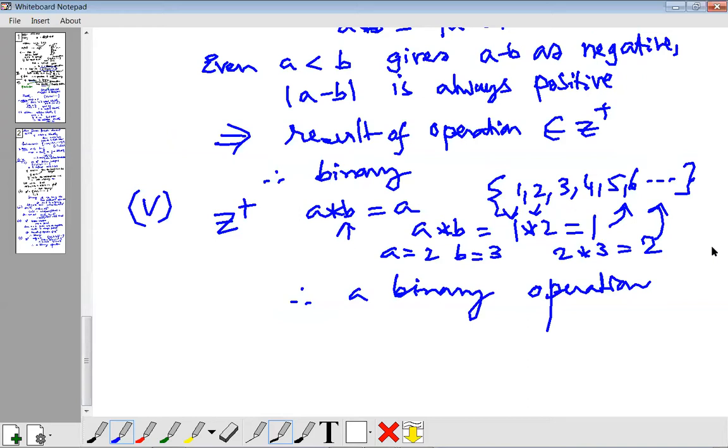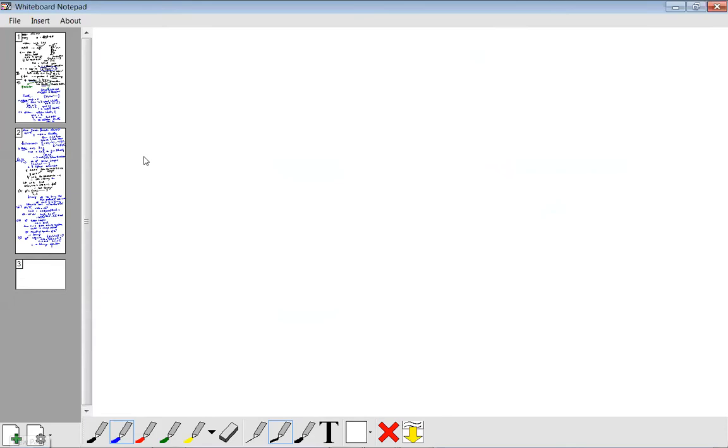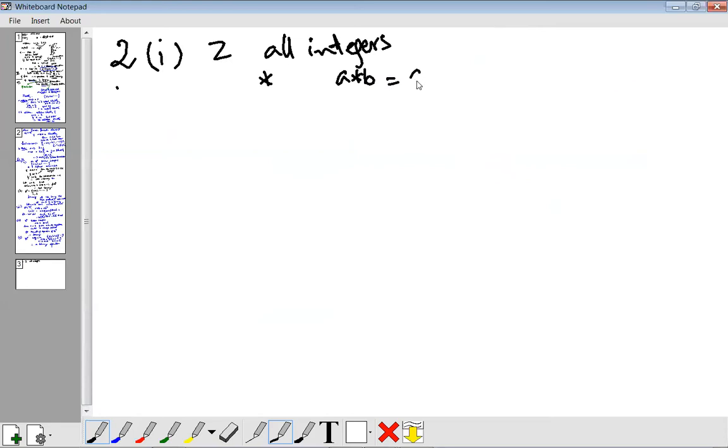The first one is on Z, that means all integers, and the operation is a minus b. So star is defined as a star b equal to a minus b.